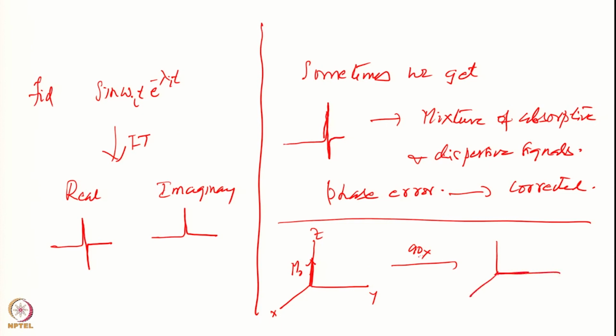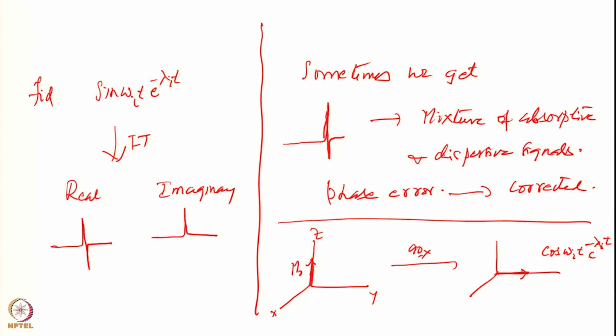Whether it is 90x or minus x, if it comes exactly along the y axis, then my signal will be cosine omega I t e to the minus lambda I t. This will be my signal if I collect the signal starting from the magnetization aligned exactly along the y axis.